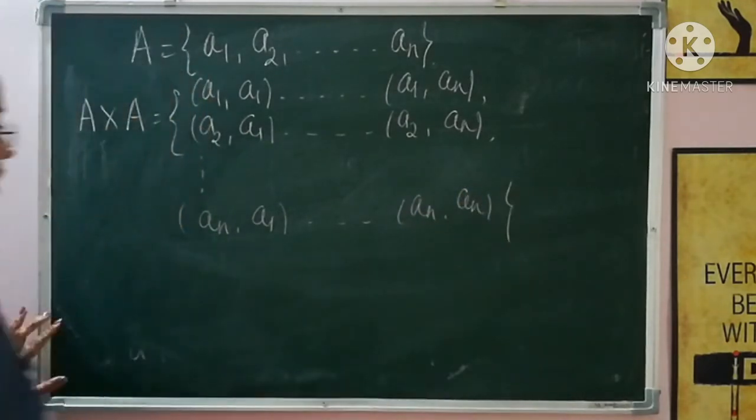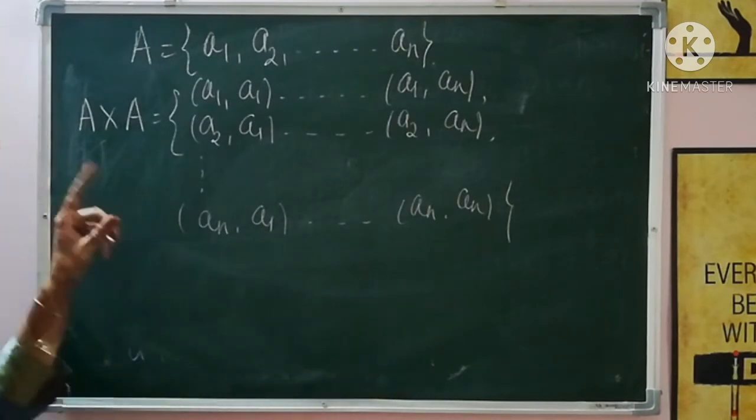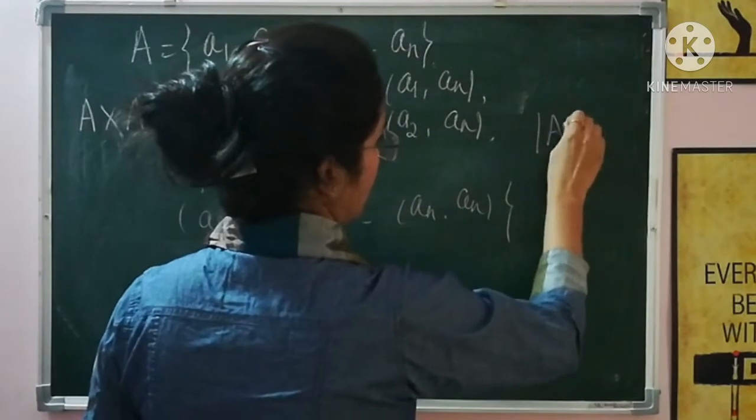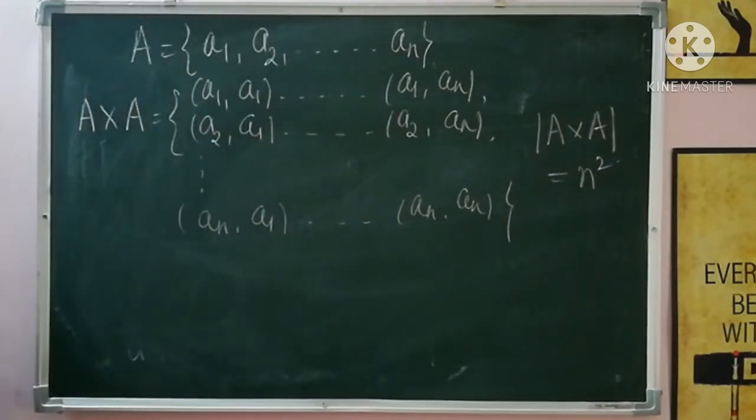This way we take all the possible pairs. How many elements are there in total? The cardinality of A cross A is n square, because there are n elements in A.